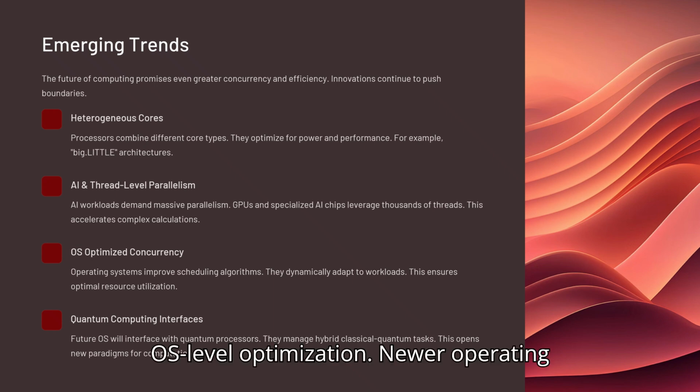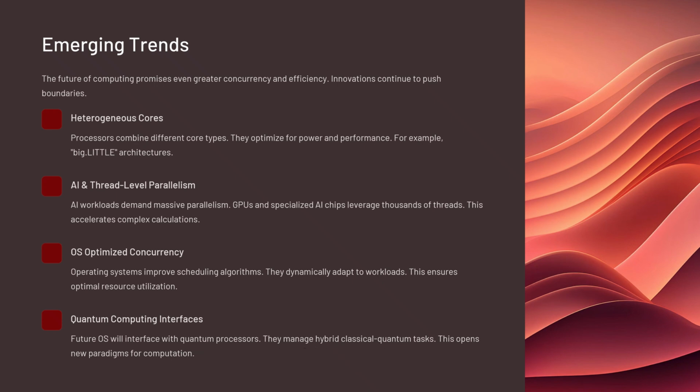OS-level optimization. Newer operating systems get smarter at choosing which tasks run on which core. Quantum computing. Future systems may coordinate between quantum and classical processors, redefining concurrency entirely.